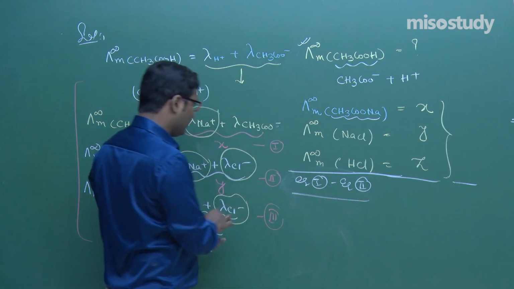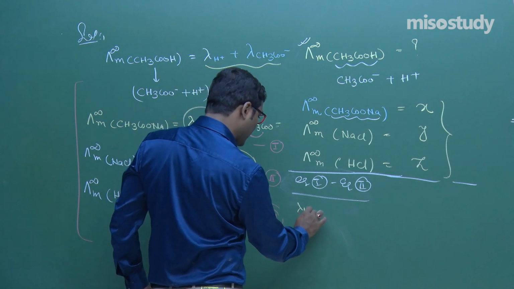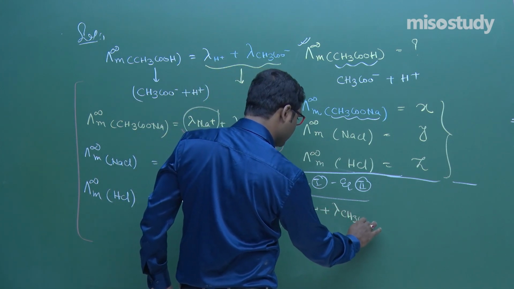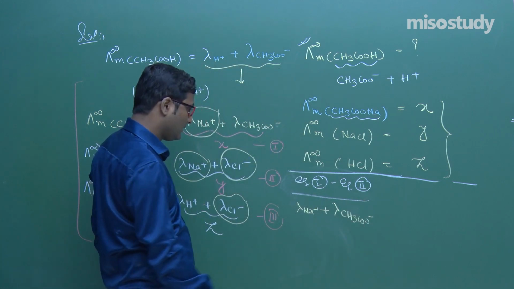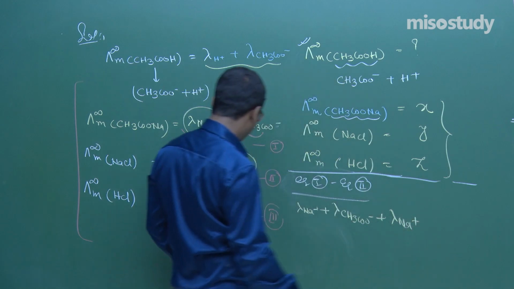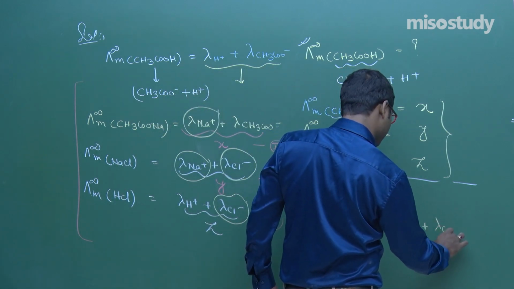Yes sir. Now equation 1 is given here: lambda Na plus and lambda CH3COO minus. Then plus lambda Na plus and plus lambda Cl minus.